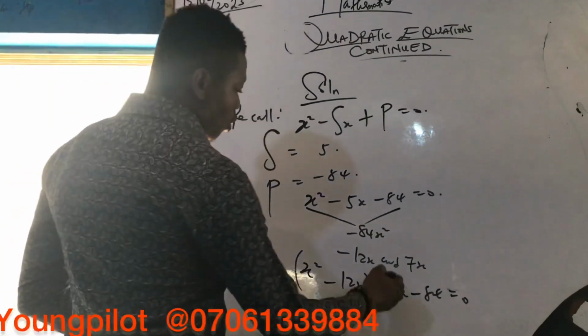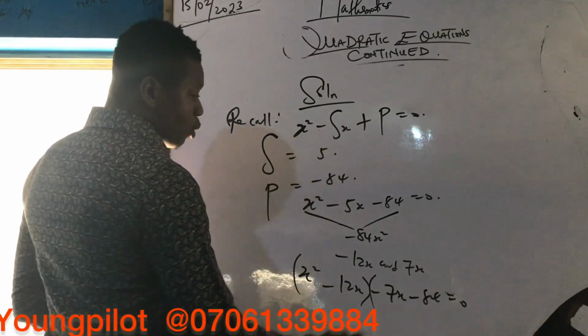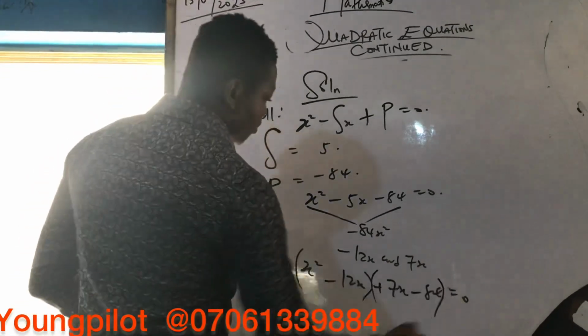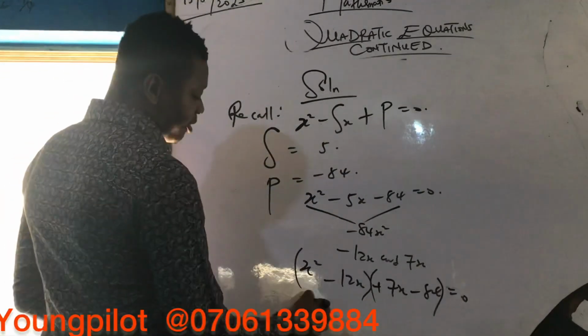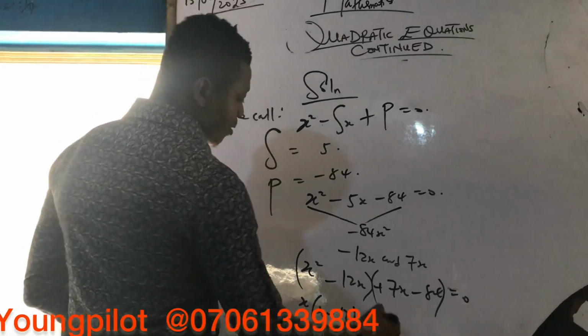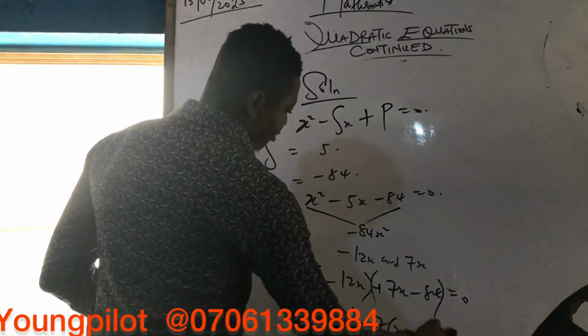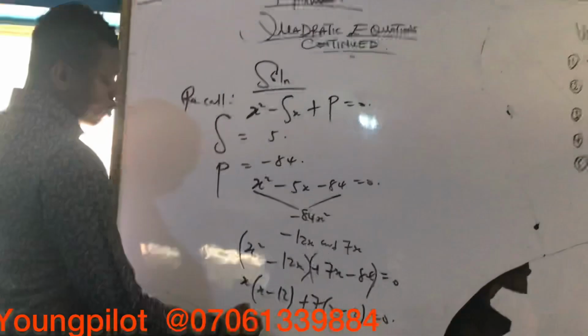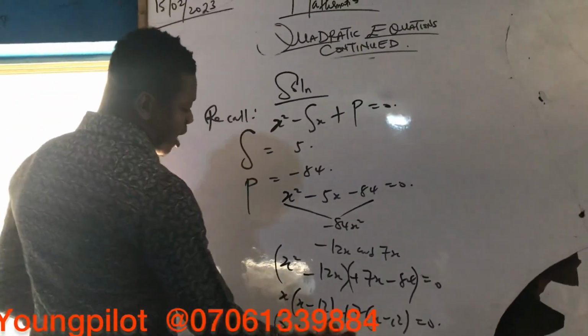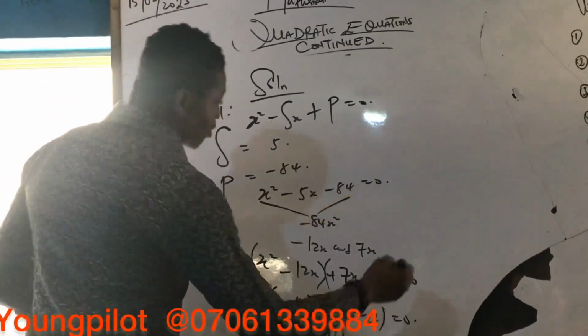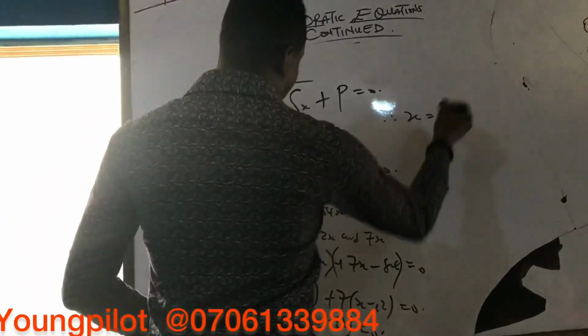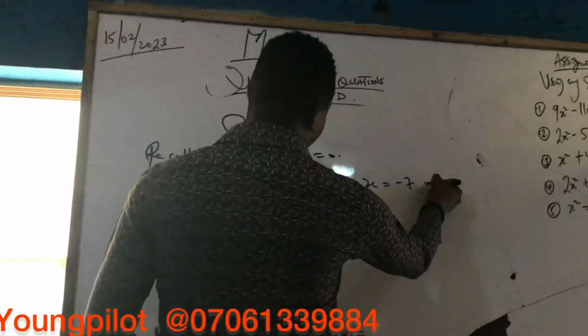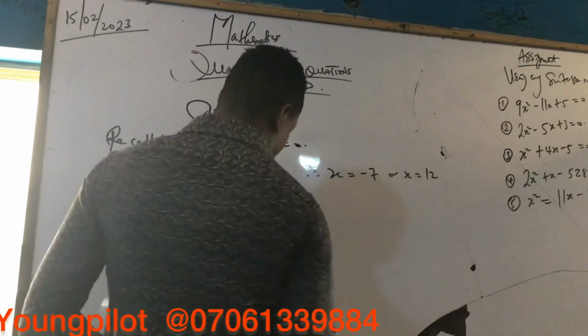Then we group. What is common here is x into x minus 12, and 7 into x minus 12 equals 0. So we have x plus 7 and x minus 12 equals 0. So therefore the numbers are x equals minus 7 or x equals positive 12.